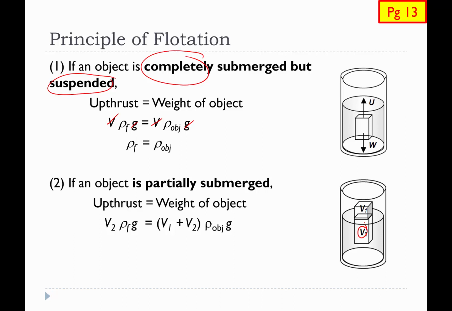So therefore, in this case, upthrust is given by V2, only the volume of the object submerged, multiplied by the density of the fluid, multiplied by G. But for the weight of the object, I need to consider the whole object volume, which is V1 plus V2, multiplied by the density of the object. And therefore, from this, we can derive that the density of the object must be lower than the density of the fluid.